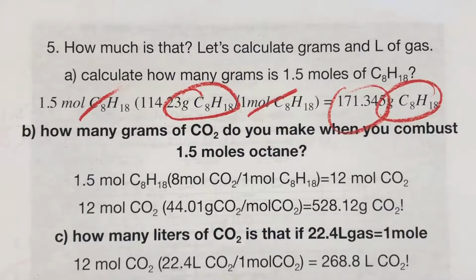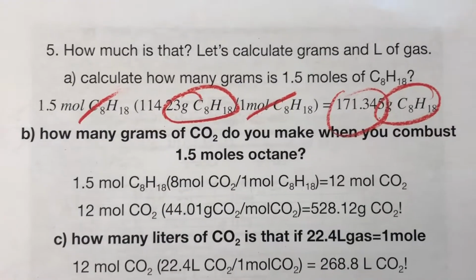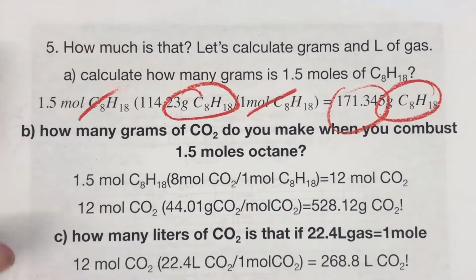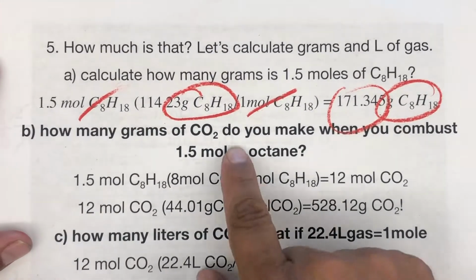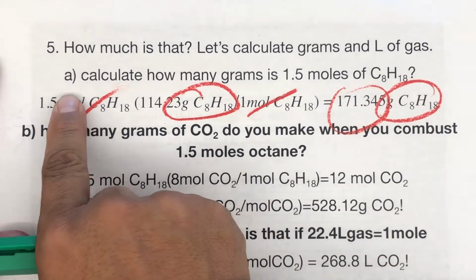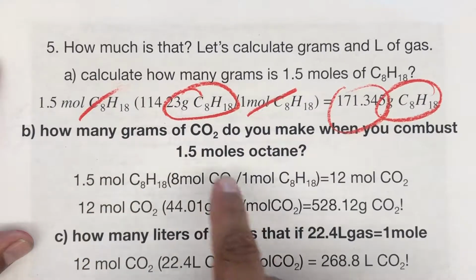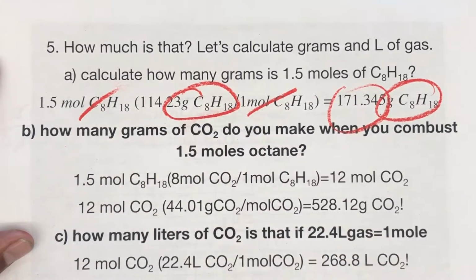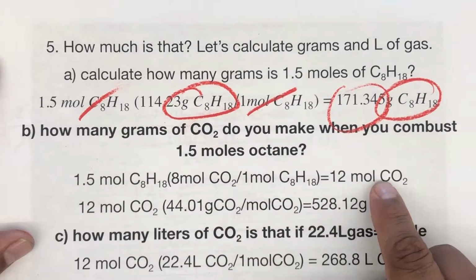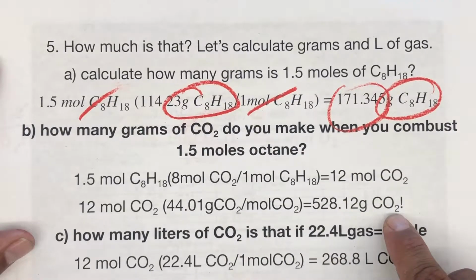Now, how many grams of CO2 do you make when you combust 1.5 moles of octane? Remember, if you have 1.5 moles of octane, you need to find the moles of CO2. Well, if we knew the moles of CO2, can't we find the grams of CO2?